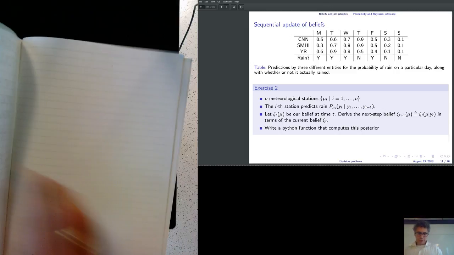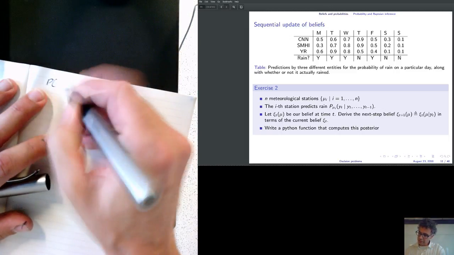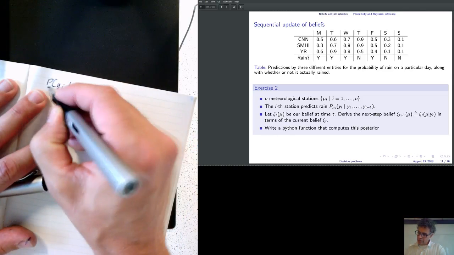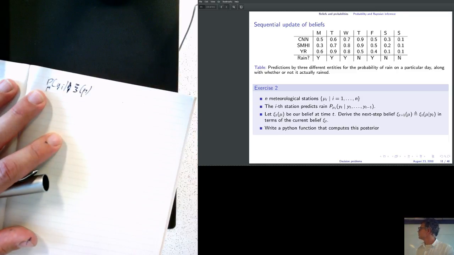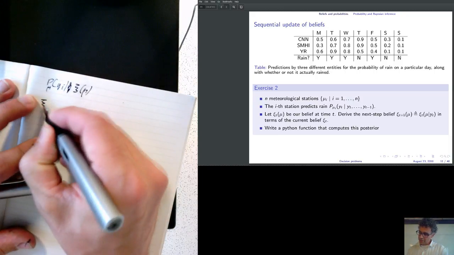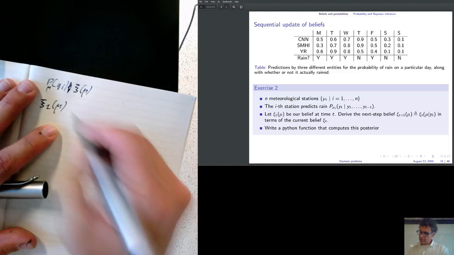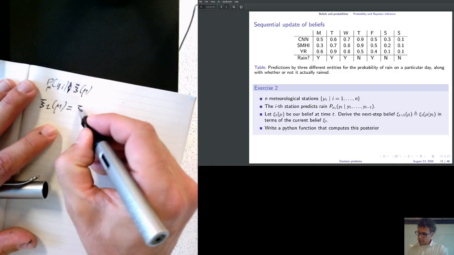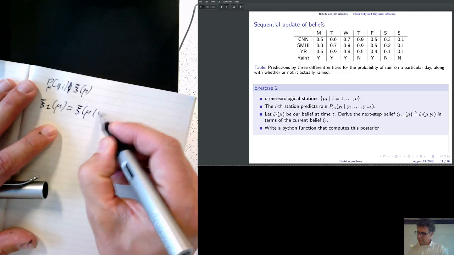So you have the stations, and every station gives you the probability of rain. You also have the probability of each station, and you know if it's raining or not. So now your probability at time 1 of the first station being correct is the probability of the station being correct given that it rained.